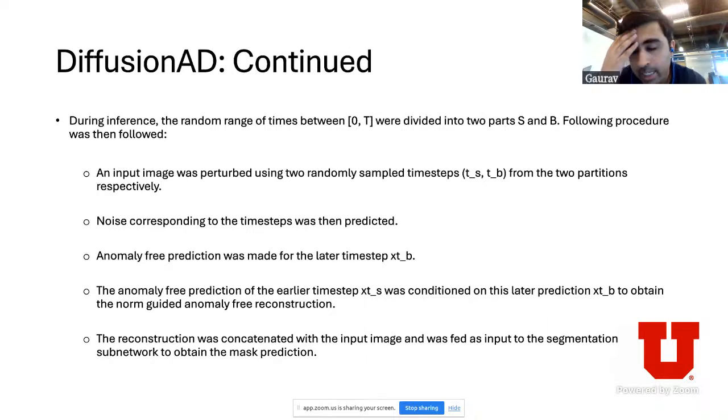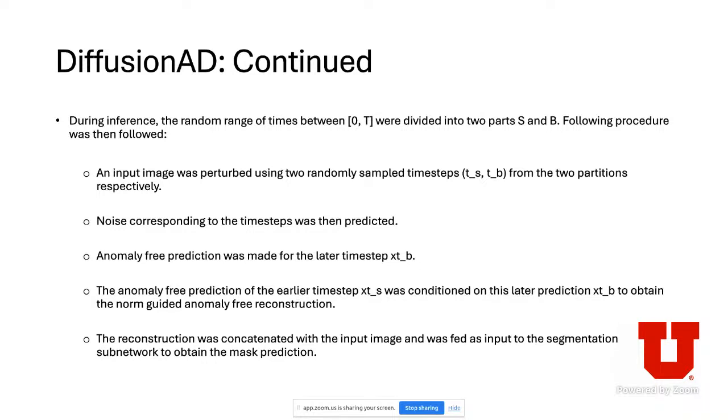But the point that was being made by the authors was that for the later time step, because a lot of noise was added to the image, the reconstruction will show a consistently anomaly-free prediction, or a consistent normal appearance, which may not correspond to the input normal appearance, but still it will be a normal appearance that will be reconstructed. That's the point made by the authors.